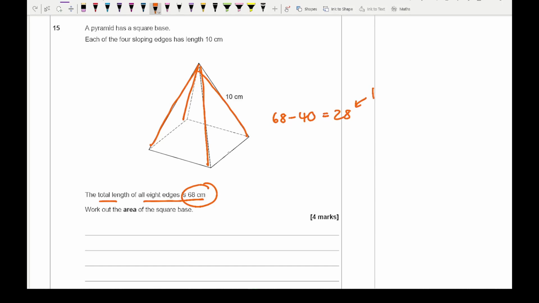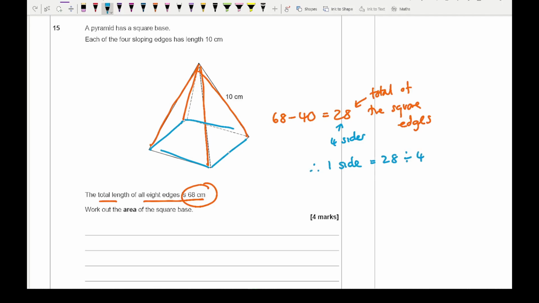So this is the total of the square edges. So that's going to give me the total of each of these 4 sides here. So that equals 4 sides. So therefore one side is going to equal 28 divided by 4, which equals 7 centimeters.